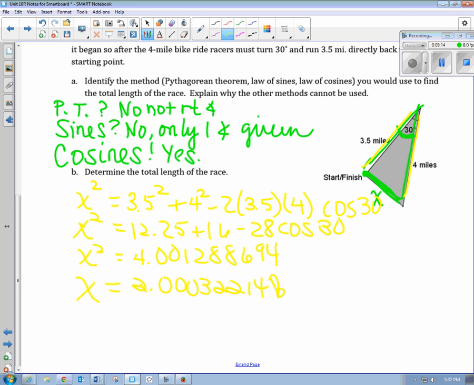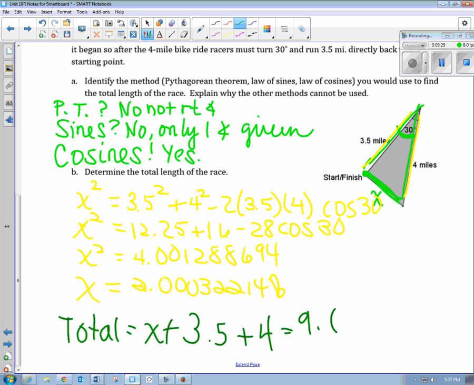They want to know what the total race is, so I need to go back and take the x value I got plus the 3.5 plus the 4, and I will end up with 9.500322148.